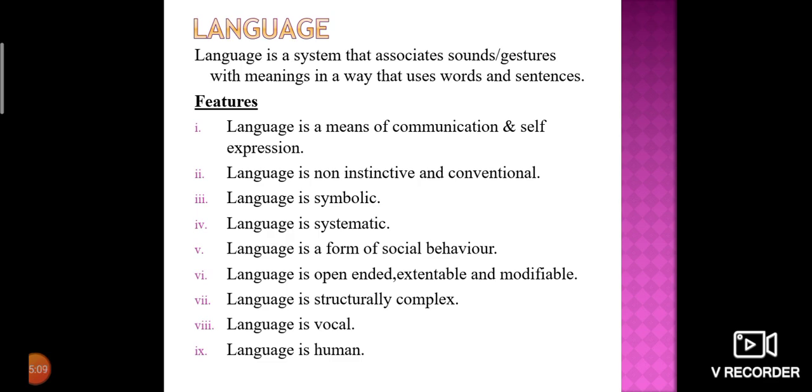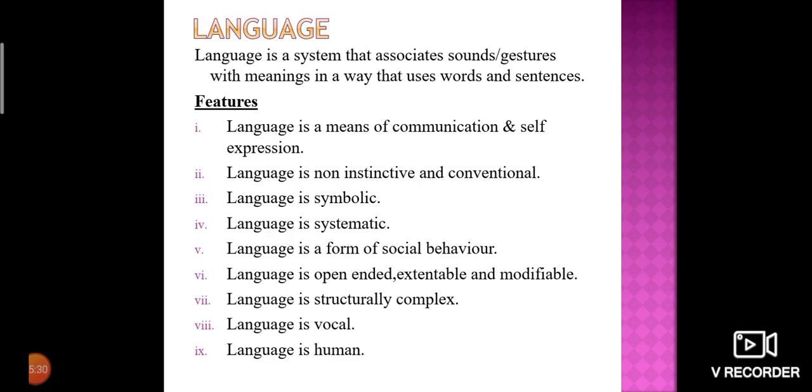As we know, as human beings, we have the ability to speak and we have certain language to communicate with one another. There is some part that deals with the difference between animal language and human language.